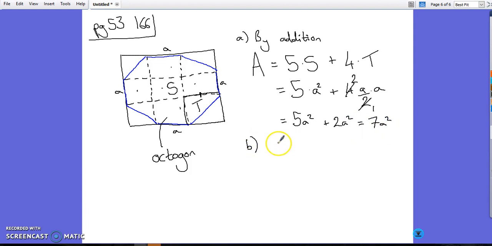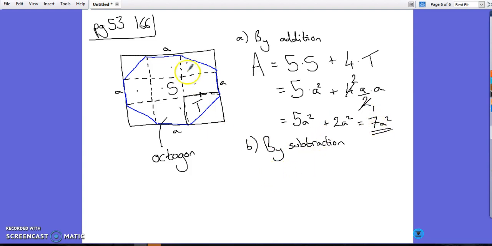The second part of the question asks us to figure out the same area by subtraction. So if I figure out this for the whole square and then take off the tiny parts of the corners, then hopefully I'll come out to this same answer of 7A squared.